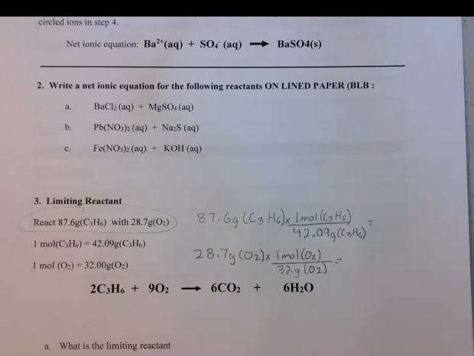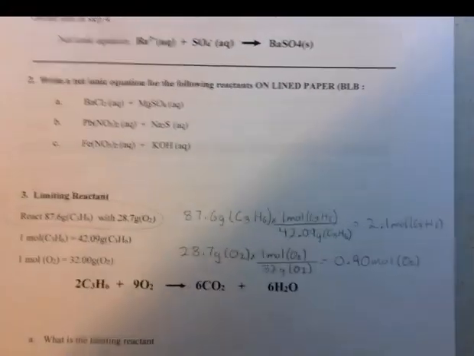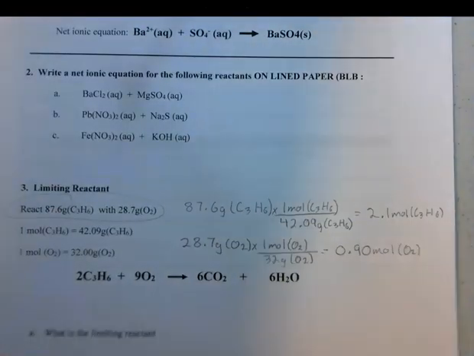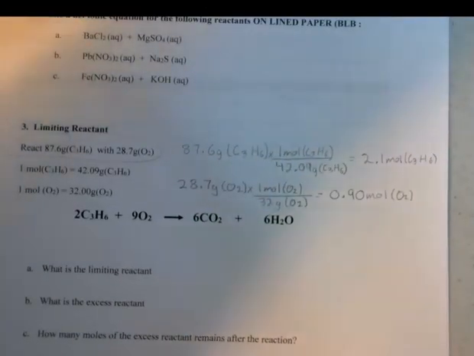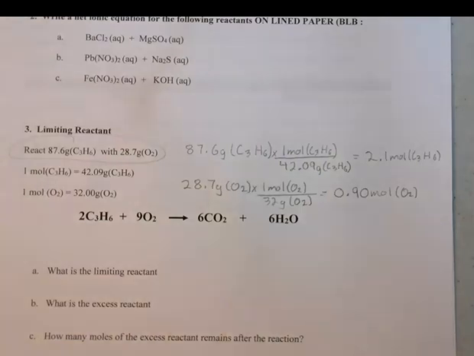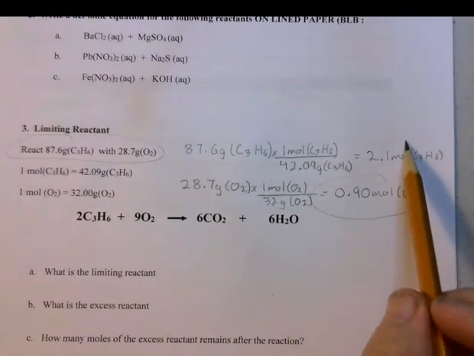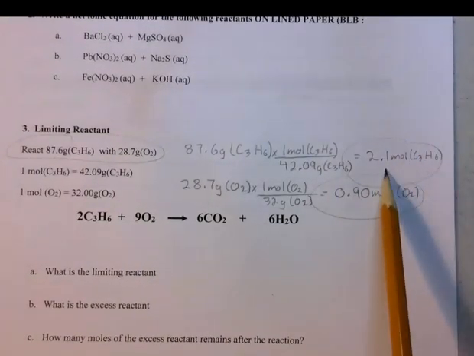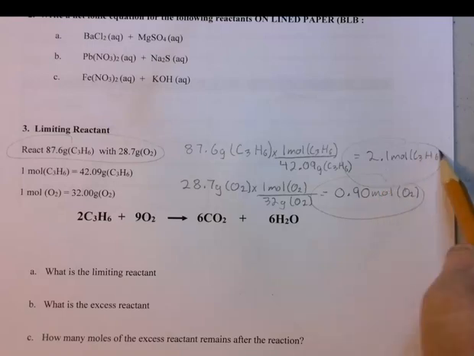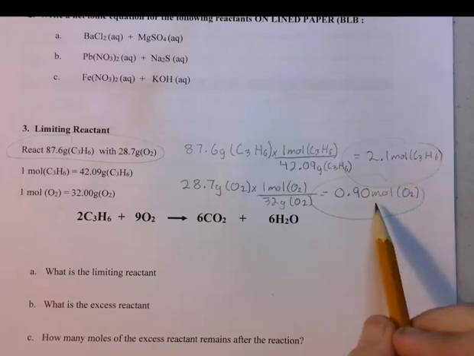So I do my calculation there, and what I have to work with then in moles, which is the only thing chemical equations understand, is this and this. So this is how many moles of C3H6 I have to work with. This is how many moles of O2 I have to work with.